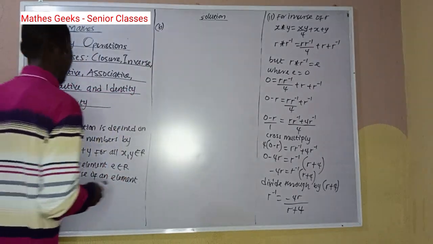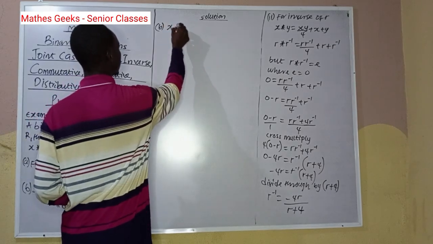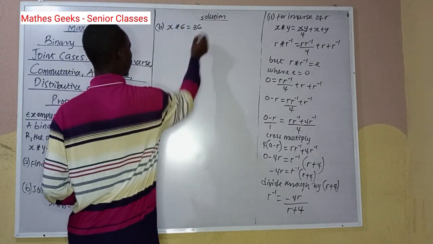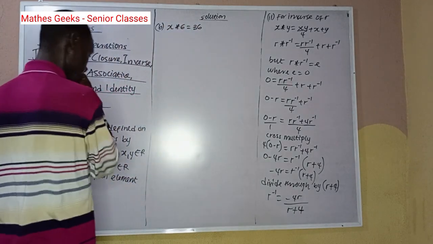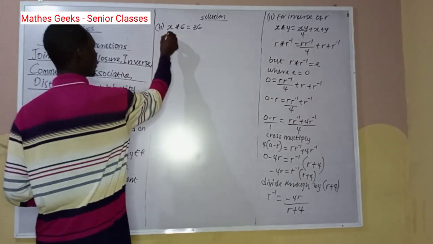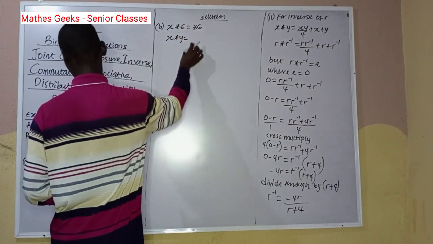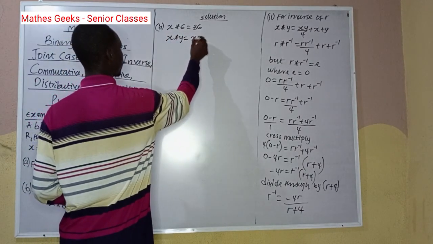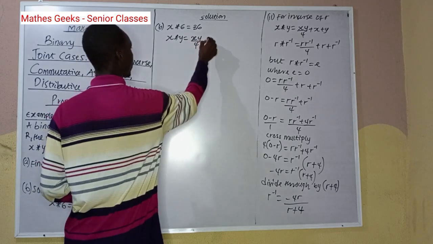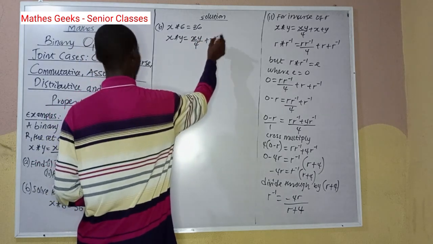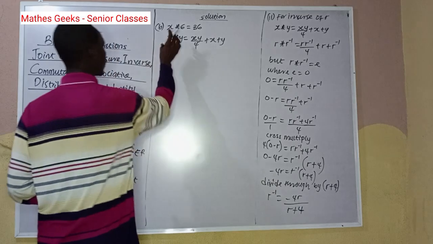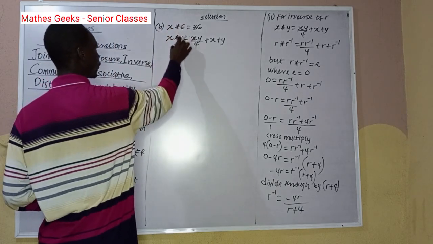This is: solve the equation x star 6 is equal to 36. We compare this to the general binary rule, x star y is equal to xy over 4 plus x plus y. So x here is x and 6 is y.